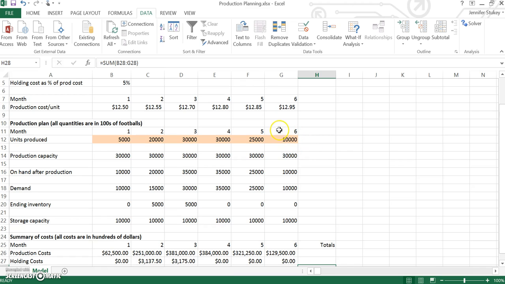Now, you would not have been able to easily figure it out just by looking at these numbers, right? Because these did not always match your production, although they weren't too far off, but they were not an exact match.